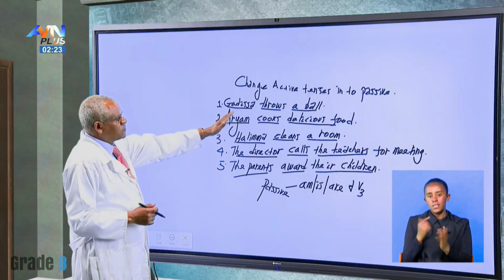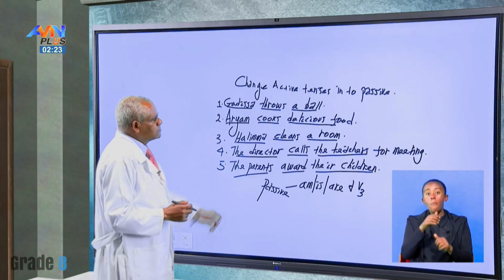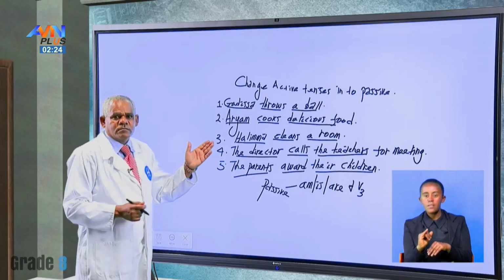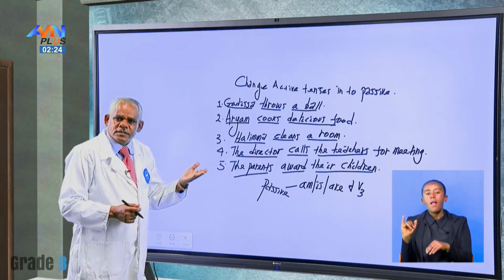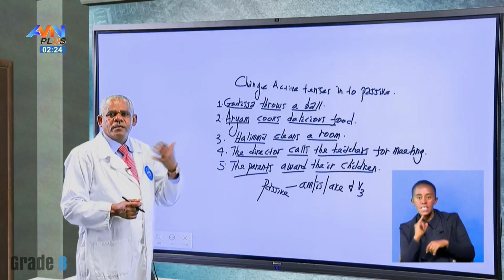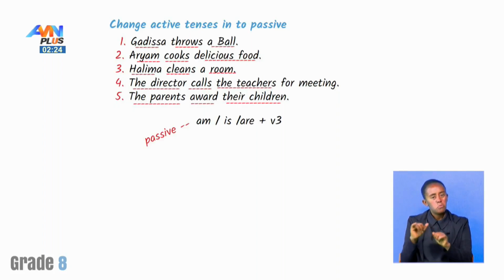Let's go to the first one. Good. Have you done it like this? A ball is thrown by whom? By Khadija. A ball is thrown by Khadija, or by him is also possible, an acceptable answer. And then Aryam cooks delicious food.